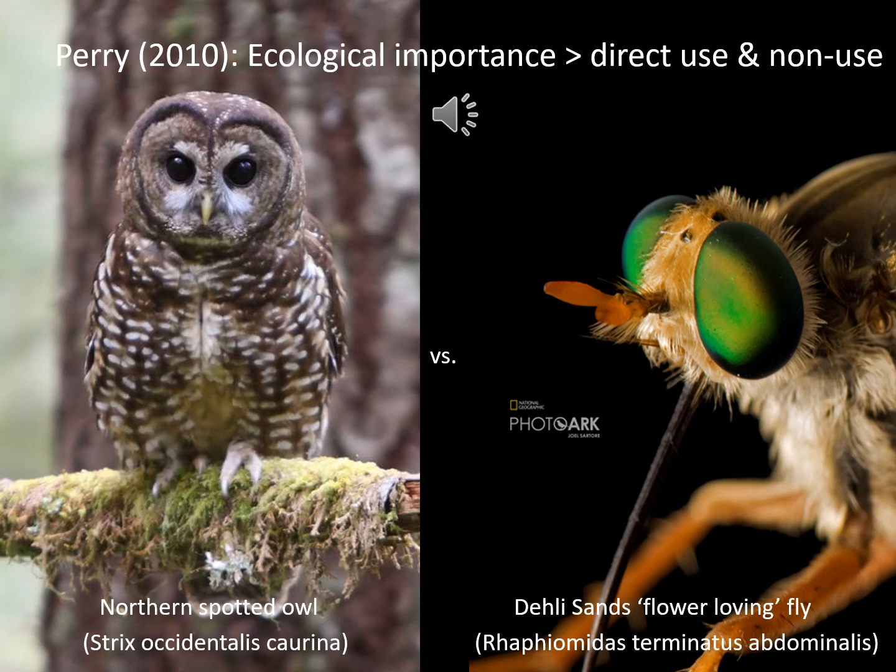Based on his alternative ecological importance score, so-called keystone species that perform unique functions receive the highest weights. The paper illustrates how this would lead to a different conservation priority with an example of the northern spotted owl and the Delhi Sands flower-loving fly.